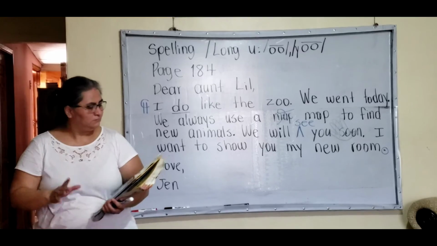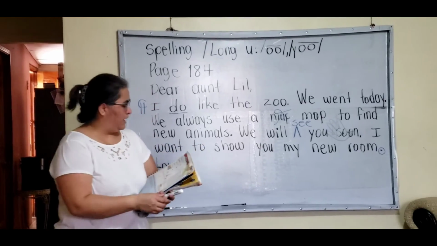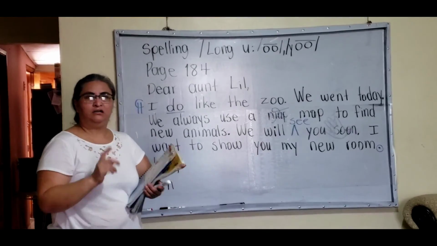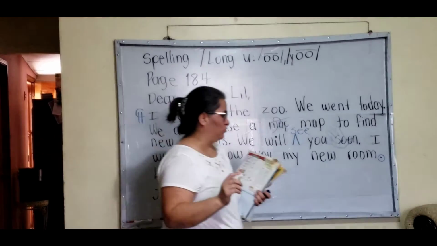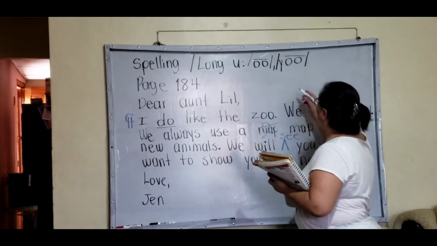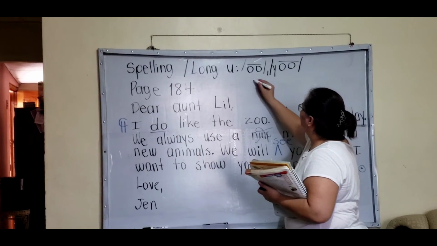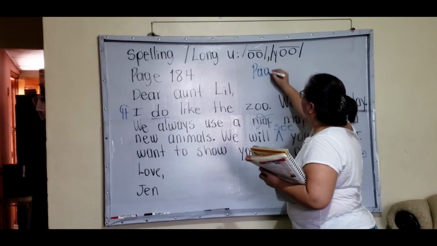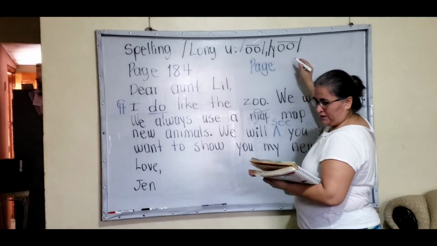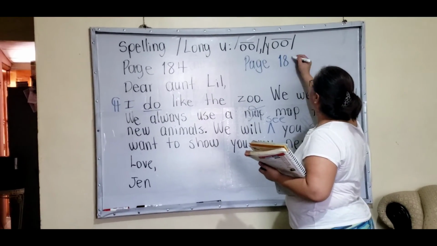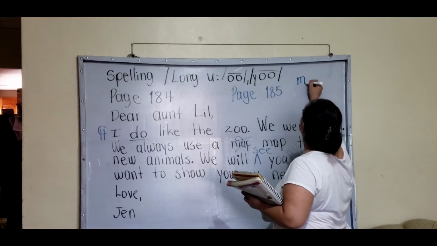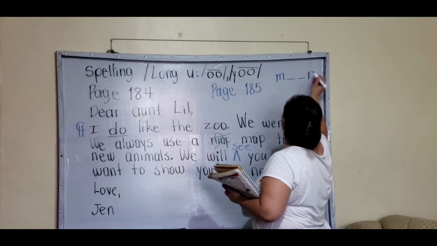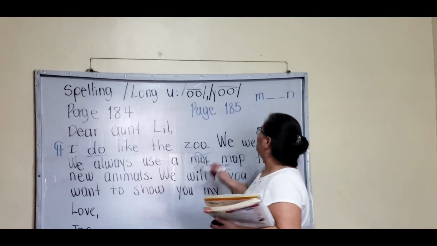So, to continue, on page 185 we have some exercises that you are going to complete, and I am going to do exercise number 1 from page 185 over here. What is the word that you are going to complete?